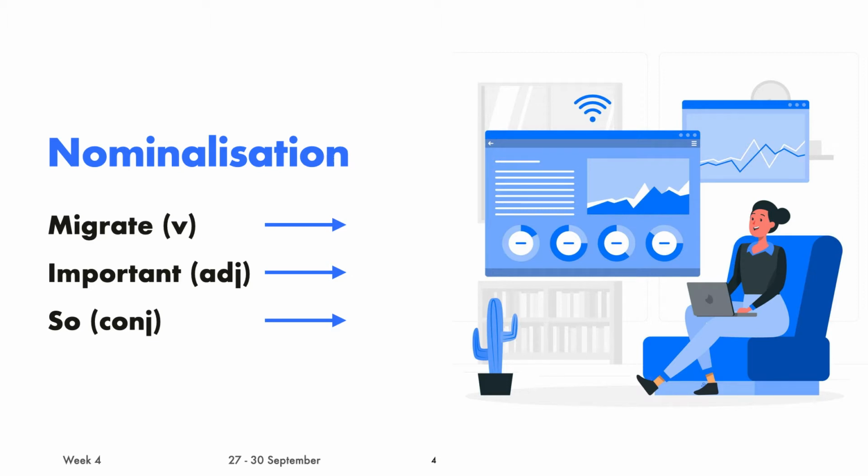You have the verb migrate, an adjective important, and the conjunction so. In these cases, how are you going to turn them into nouns? Feel free to try out your answers, or maybe we can try it out during the class.